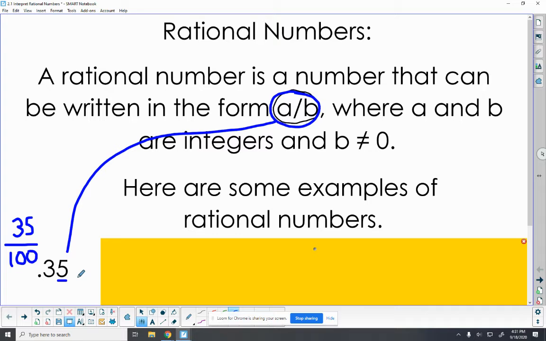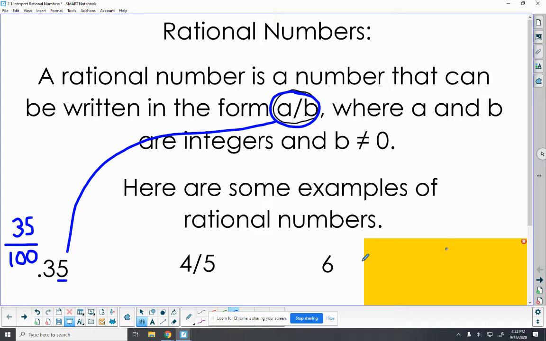So anytime you have fractions, those are rational numbers. Anytime you have a decimal that ends nicely, that is a rational number. So here's a fraction, 4/5, 4 and 5 are integers.